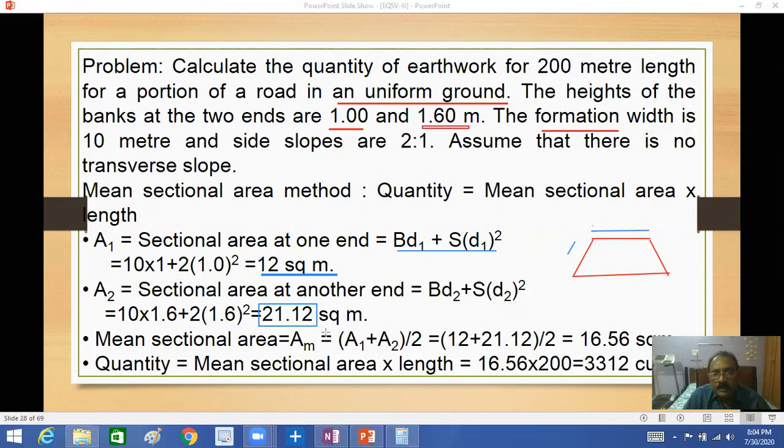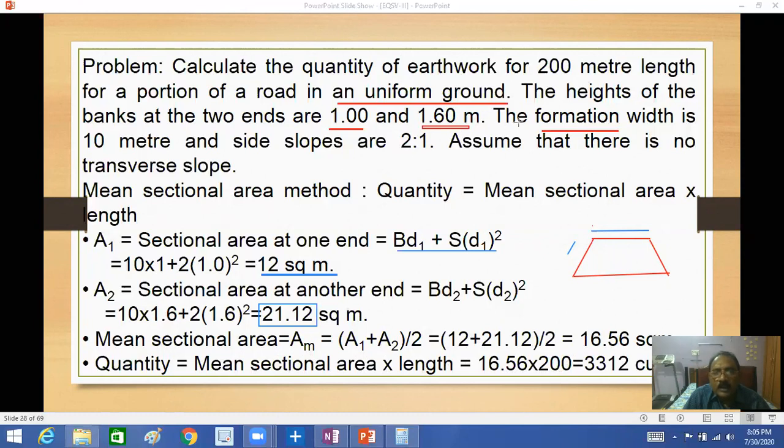21.12 square meters. The mean sectional area, the average, is equal to A1 plus A2 by 2. That is, you will get 16.56 square meters. Now, quantity is mean sectional area into length. You will get 16.56 into 200.